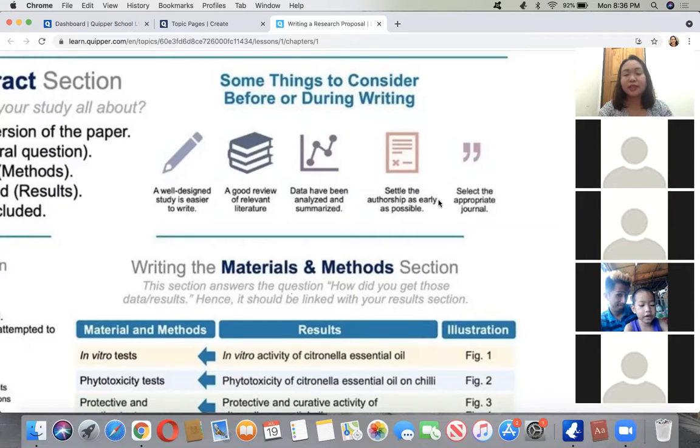So I cannot be a co-author without my consent, and you also cannot include them without their consent. If I don't want to be part of it, you cannot include me, and the same goes for the other panel members. And if they want to, you should ask for their consent: ma'am, I will include you in the authorship.